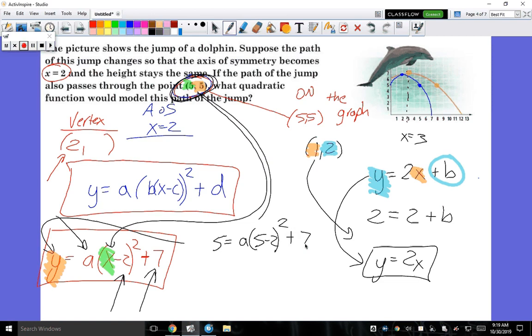What's our goal right now? Find a. Riley, what do I do first? 5 minus 2 is 3. So it'd be 3 squared, which is what? 9. Subtract 7. Divided by 9.